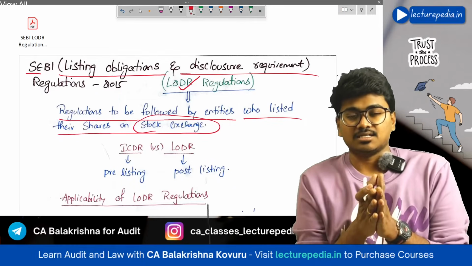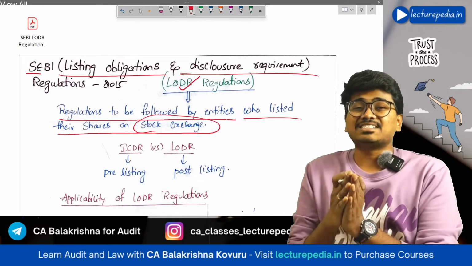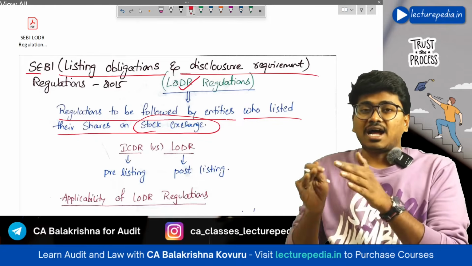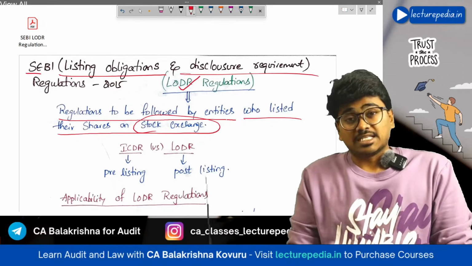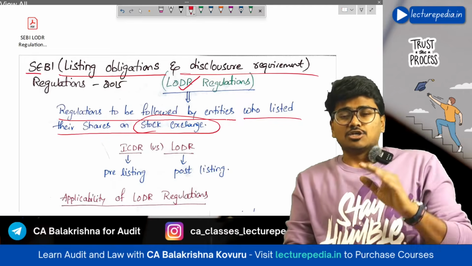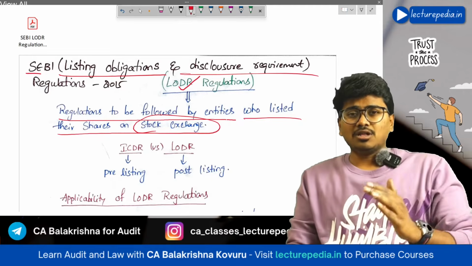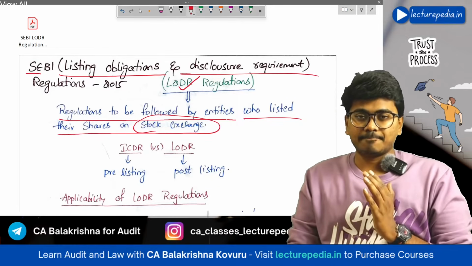Okay, these LODR regulations are applicable to only listed entities. For unlisted entities, LODR regulations are not applicable. That means whatever we are going to discuss in these regulations, you have to remember that all these are applicable only to listed entities. Okay.